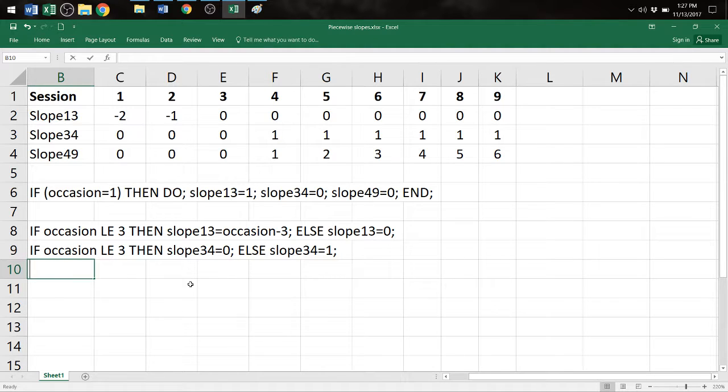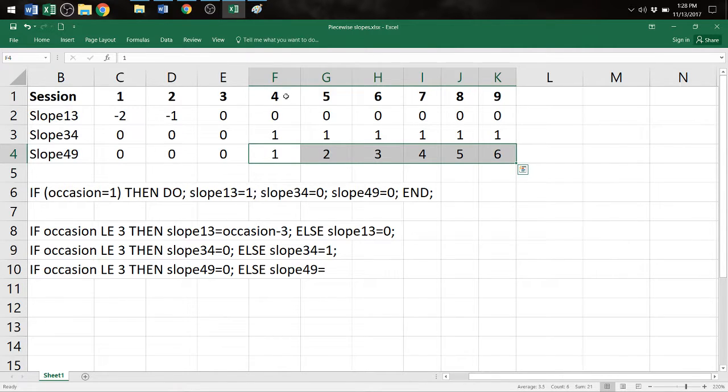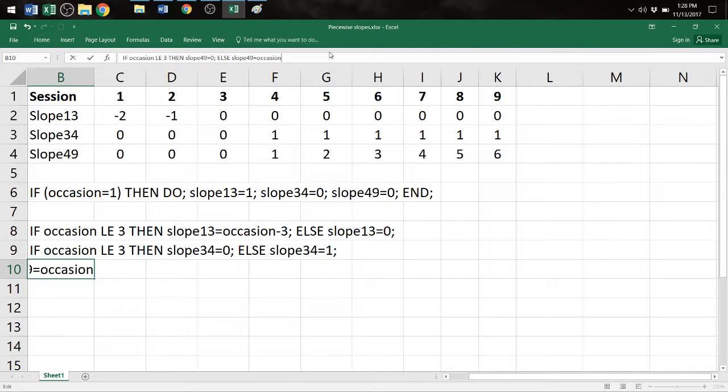And then last but not least, if occasion is less than or equal to 3, so I'm doing these piece by piece so you can see the logic for each, then slope 4,9 equals 0, else slope 4,9 equals, what would create this pattern? Yep, it's occasion minus 3.